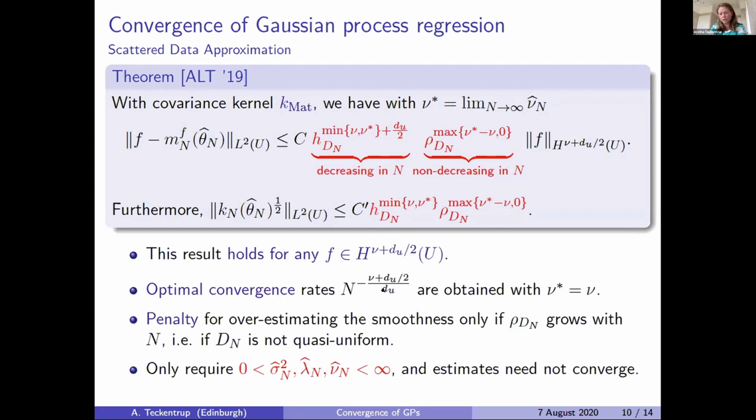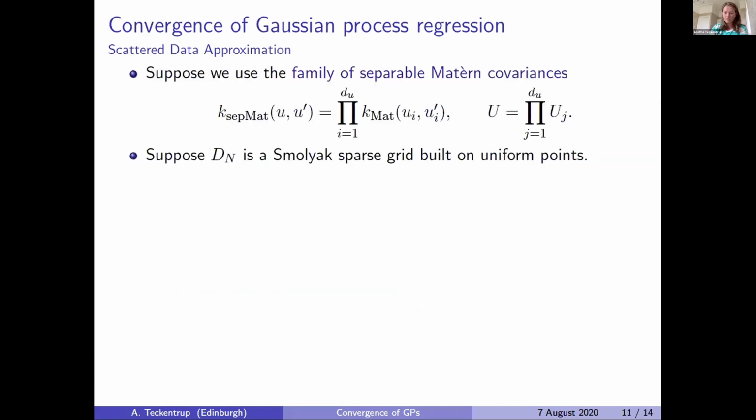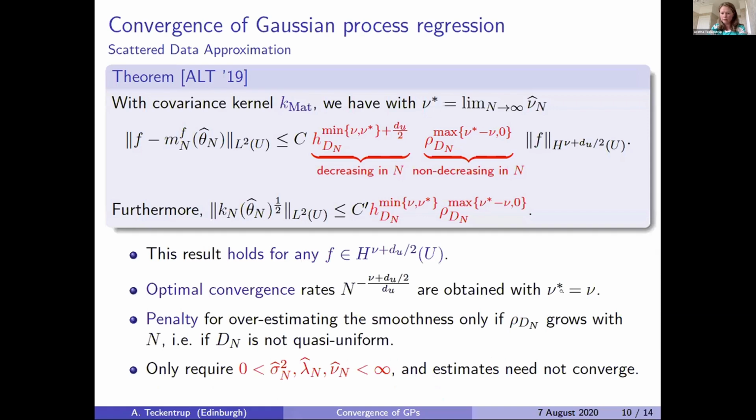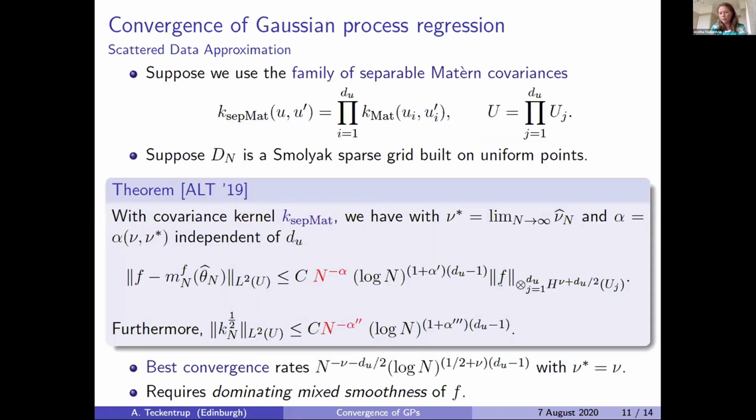If the dimension d_u is very high, then this would give you very slow rates. Essentially the crucial thing is that you have to change the class of functions that you're dealing with here. The setup is quite similar. So you move from the standard isotropic Sobolev space that we had here, and you move to these Sobolev spaces of dominating mixed smoothness.